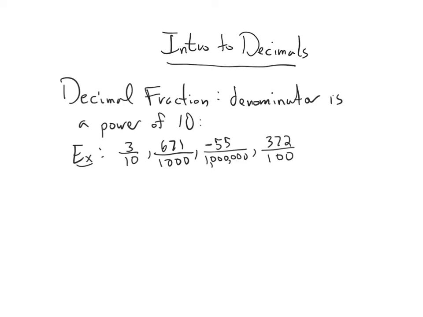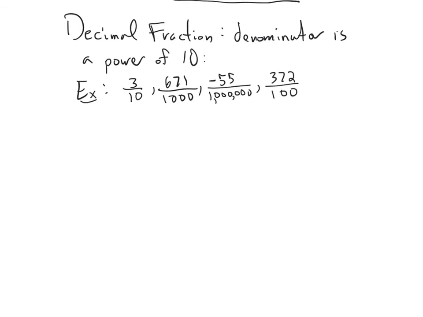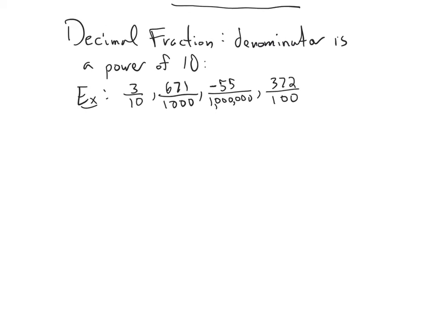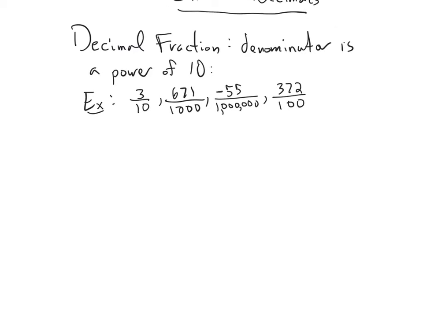So eventually you'll see that when we do operations with decimals, everything is kind of the same except for a couple of hiccups. So you can think of these as all in base 10.